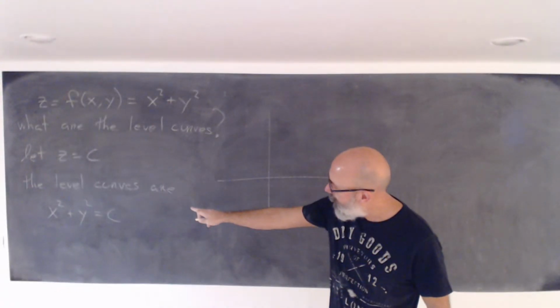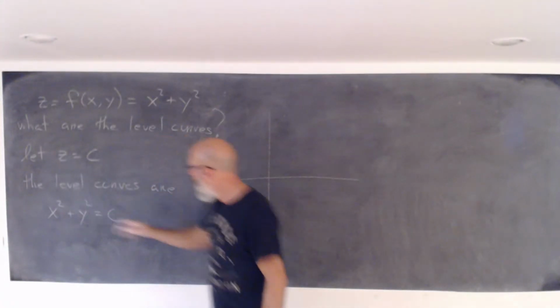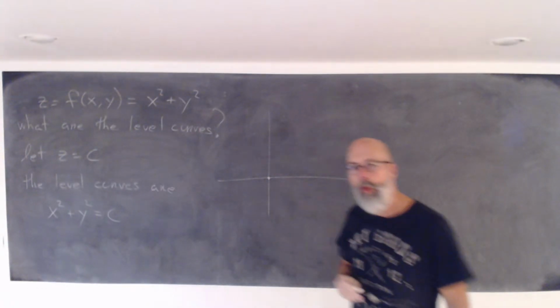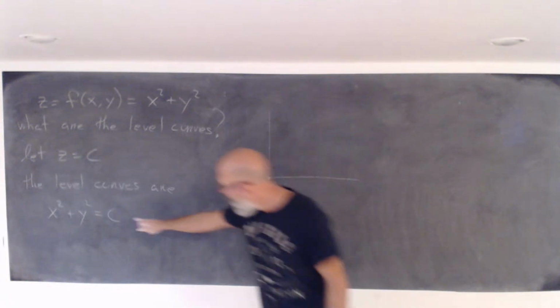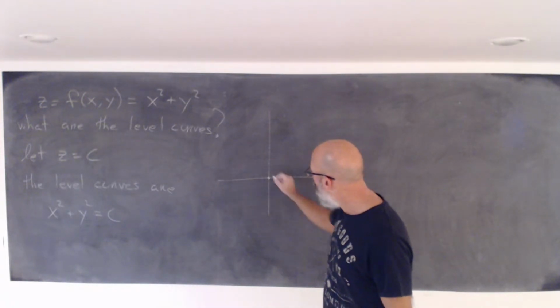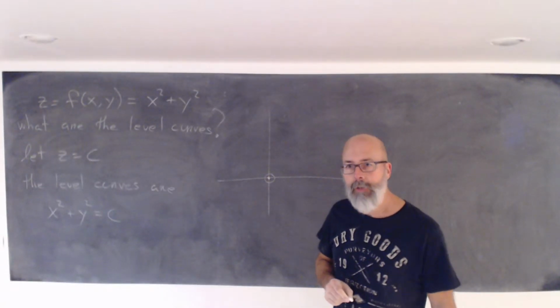If c is 0, the only point that gives you 0 is if both x and y are 0. So we have a point at the origin. And then for any c bigger than 0, you have circles of radius root c.